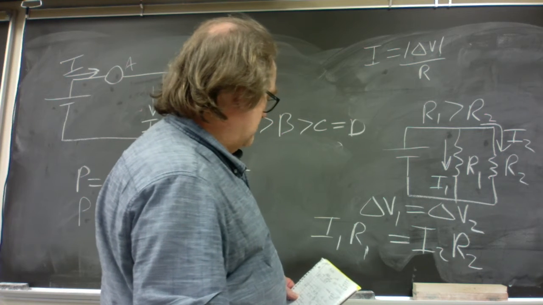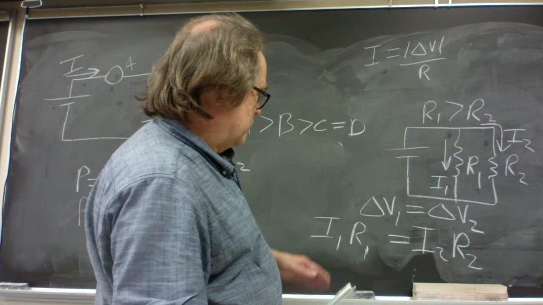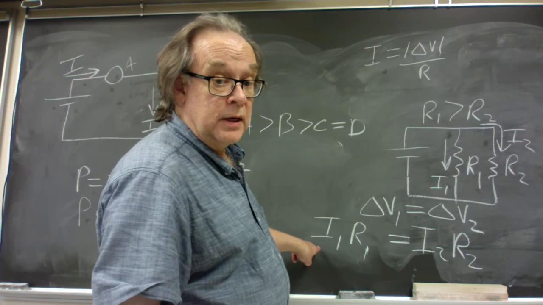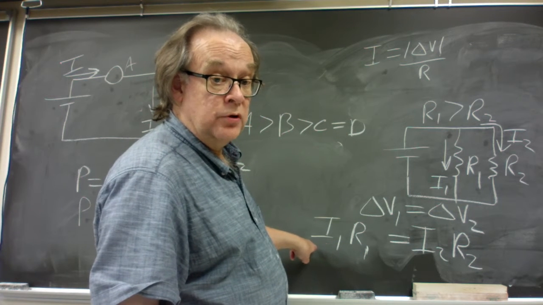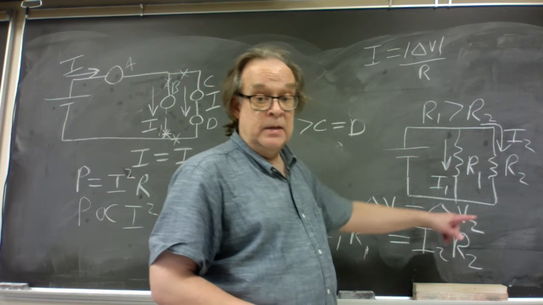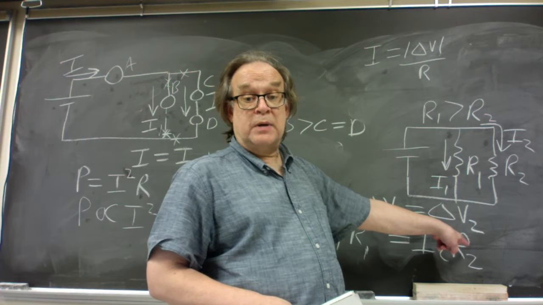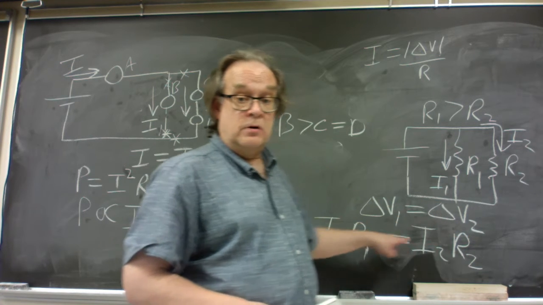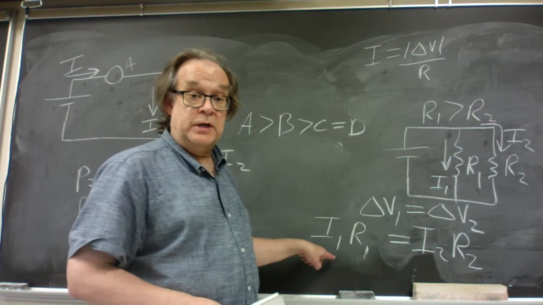Okay, now imagine dividing both sides by I1. That takes I1 out of the left-hand side and puts it in the denominator of the right-hand side. And then imagine dividing both sides by R2. That cancels out the R2 here and puts R2 in the denominator on the left side.